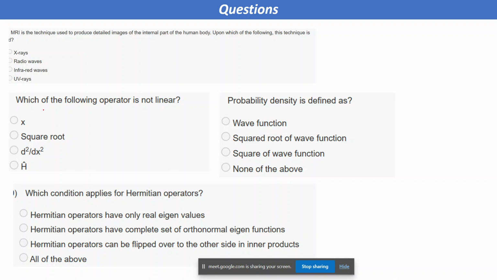Now the next question is, which of the following is not linear? x, square root, d squared by dx squared, or H cap. So which operator is not linear?